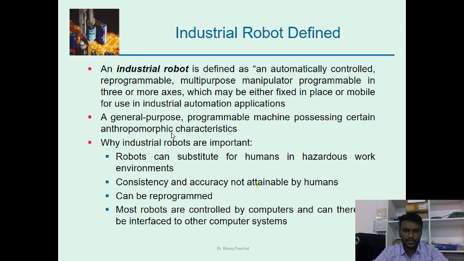Whatever motions the human joints, basically the shoulder joint, the elbow joint and the wrist joint, can do, a similar motion a robot can do. That is the basic idea behind the construction of the robot. It is copied from the anatomy of the human. So the word here is anthropomorphic, meaning human-like characteristics.